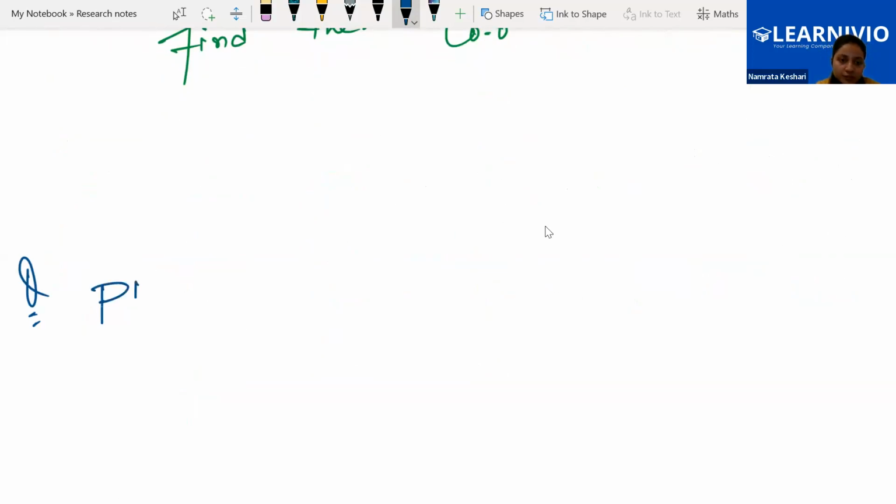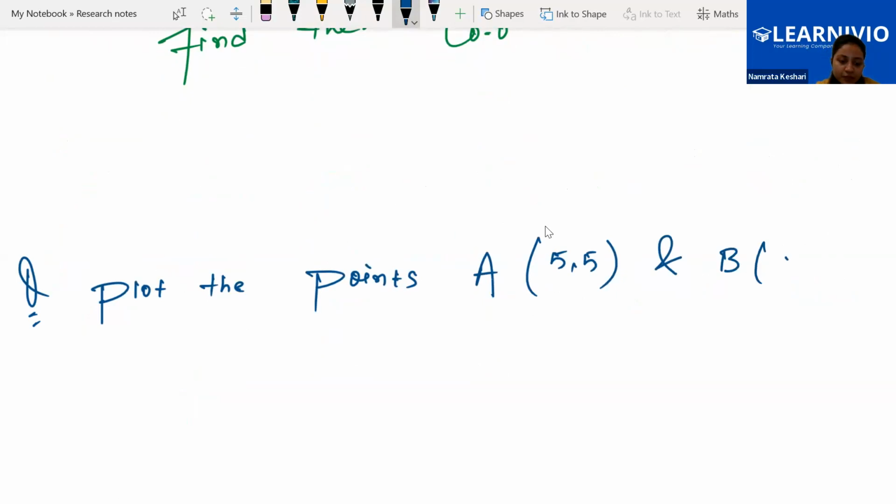Plot the point A, B, in Cartesian plane.